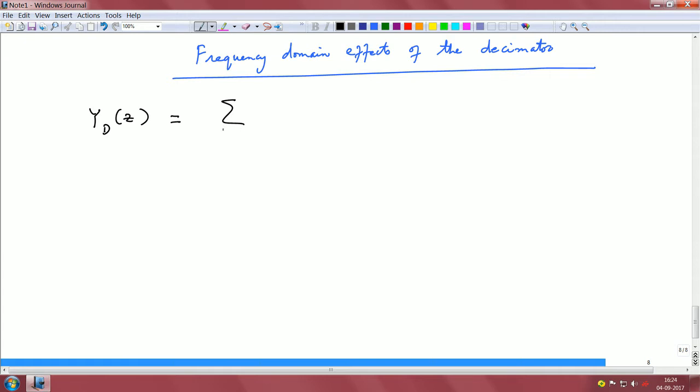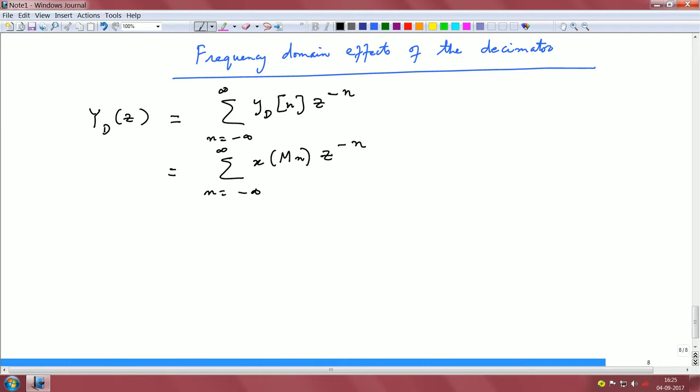We take the z transform of the signal, which is yd of n z power minus n, and we just drop in the relationship between x of n and yd of n, and yd of n is basically x of m times n. So this is what we have.